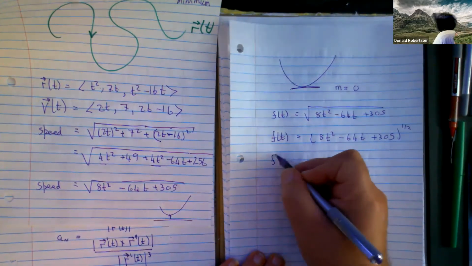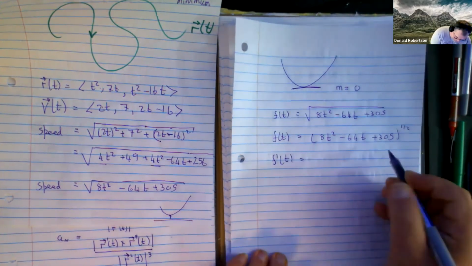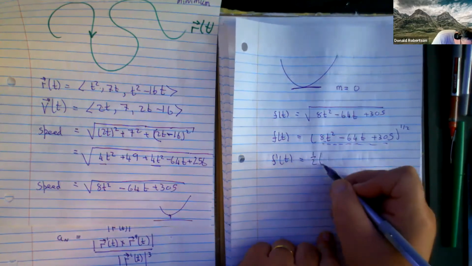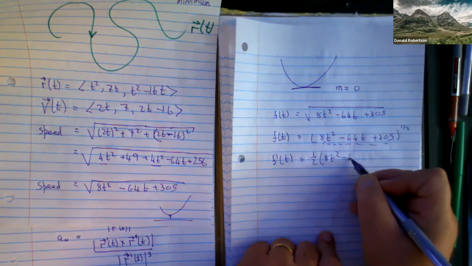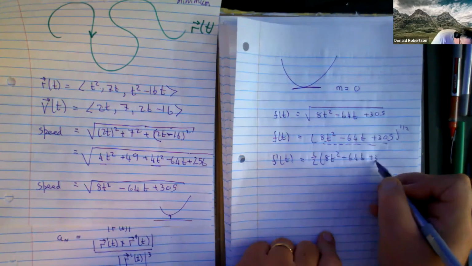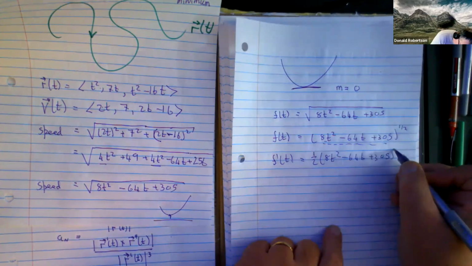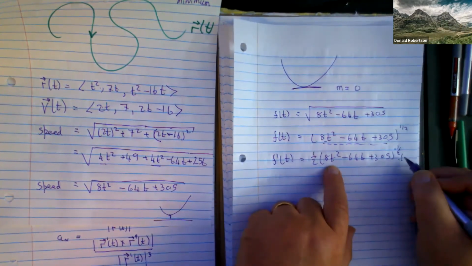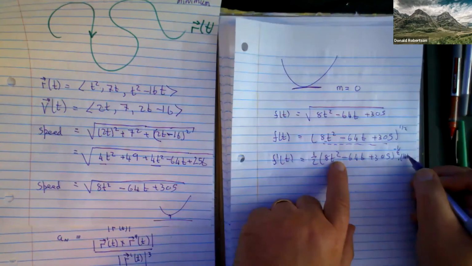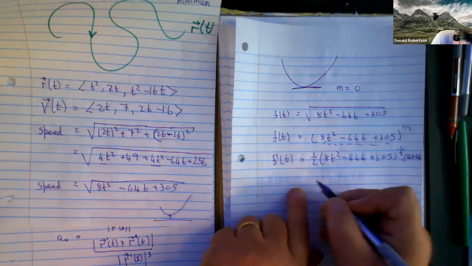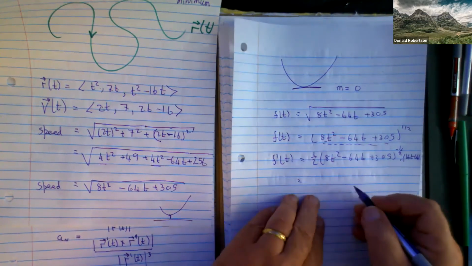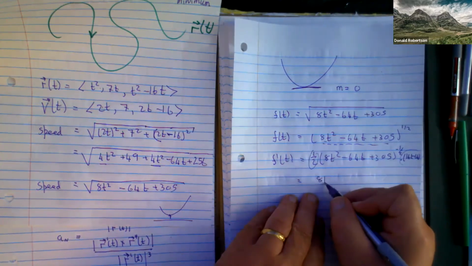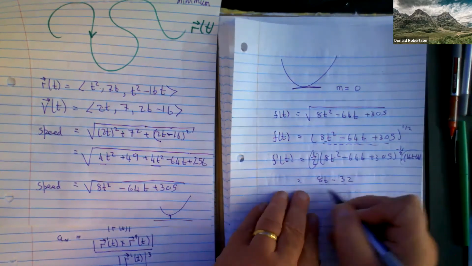And now I'm going to differentiate it. And it's a chain rule. This is called the inside function. So it's going to be 1/2, this is a power rule, the inside function to the power of, well, take 1 away from that, negative 1/2, times the derivative of the inside function, which is 16t take away 64, which is now going to look something like this. 1/2 times this guy gets me 8t take away 32.